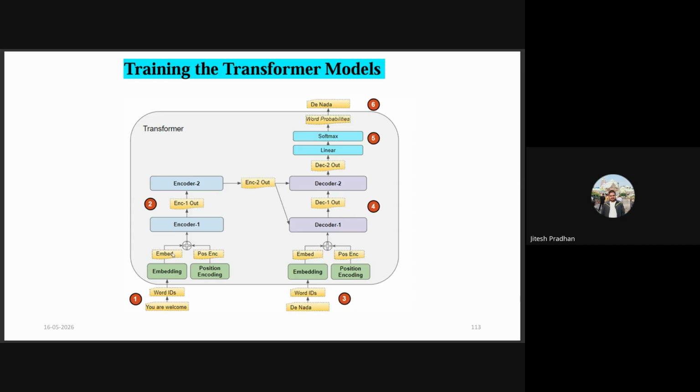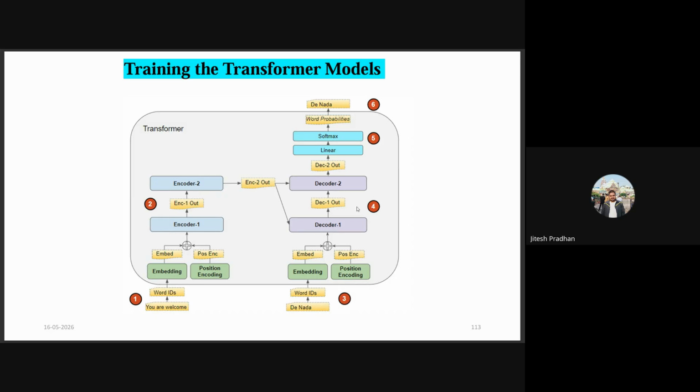It will process the embeddings and positional encodings, and generate the first encoded output. This first encoded output will be given as input to another encoder, which will generate the second encoded output. This second encoded output will be given as an input to the two decoders.